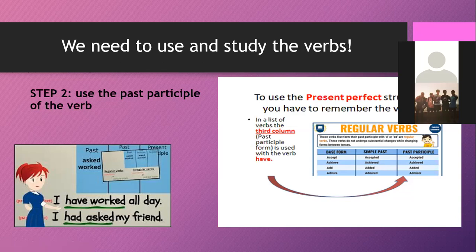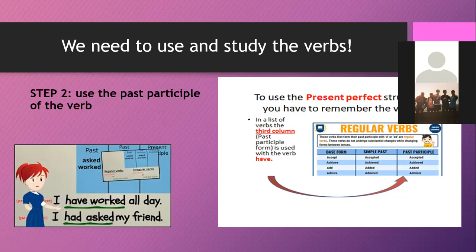It doesn't change too much. But if I have the verb, for example, eat, which is comer, right? Eat. In the past, it is ate. And in past participle, or the third column of the list of verbs, it is eaten, comido, eaten. Yeah, so eat, ate in the past, eaten, comer, comí, comido.